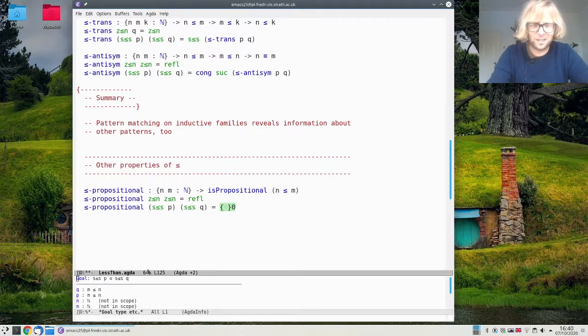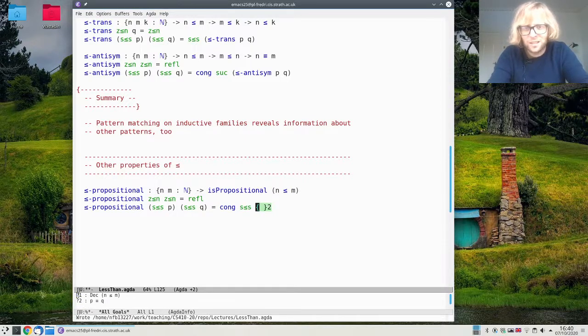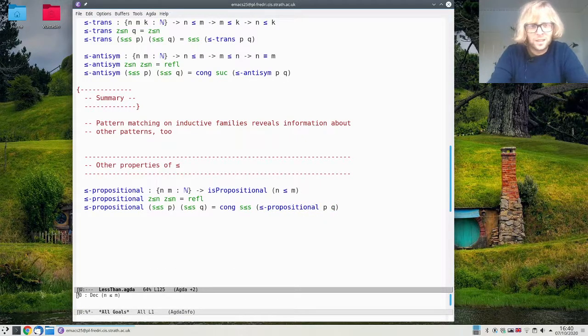So now again, I have to show that something which is the same on both sides, and then some things are equal. So that's a job for cong of s smaller or equal to s of something. And I have to show that P equals Q, but I can do that with a recursive call.